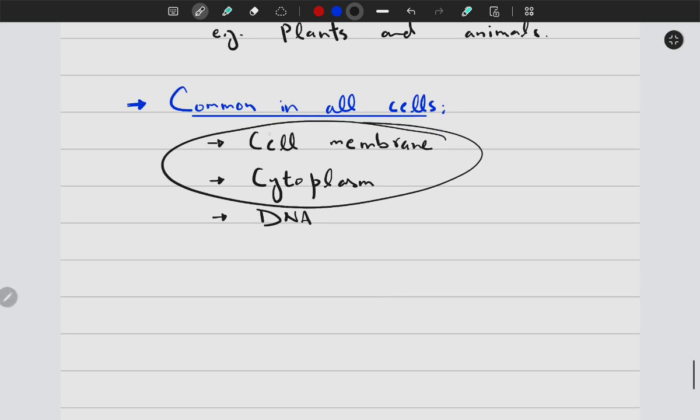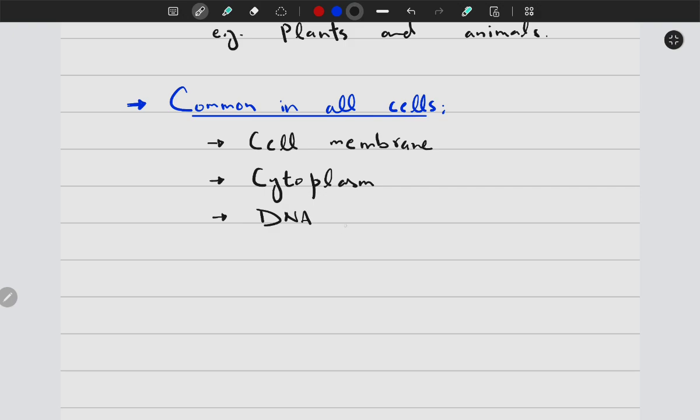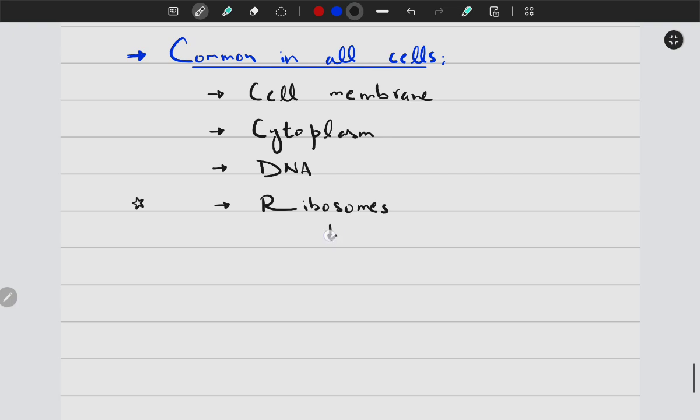So these are like cellular structures. DNA is a macromolecule, a big molecule. Then there's another thing that I'm putting a star here, not always, but usually, a ribosome. Ribosomes are granular structures, right? Very tiny, small granules, and these granules are called protein factories because they are involved in protein synthesis.